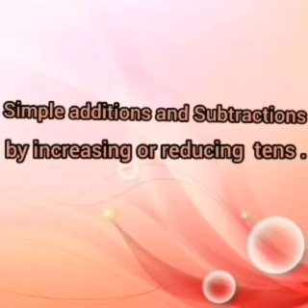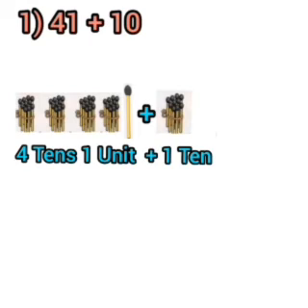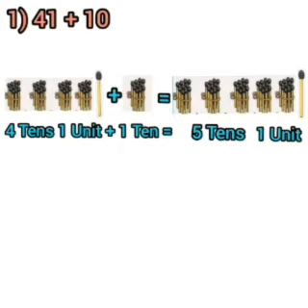Simple additions and subtraction by increasing or reducing tens. Let us see the first one, that is 41 plus 10. 4 tens, 1 unit plus 1 ten is equal to 5 tens, 1 unit.